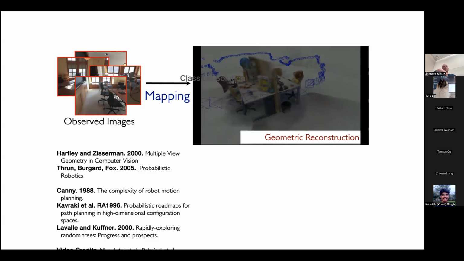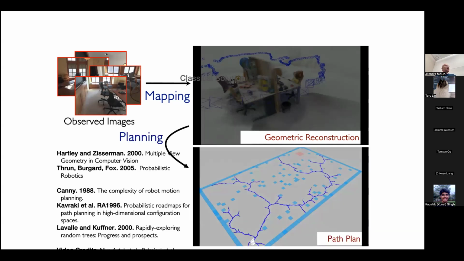That's the way you recover the 3D geometry of the environment. The latest techniques involve using learning, where you train on some images, and eventually, given a set of images, you recover the cameras, and then you recover the point cloud of the scene. DUSt3R and MASt3R are examples of that. It doesn't matter whichever way you do it. The goal here is 3D reconstruction.